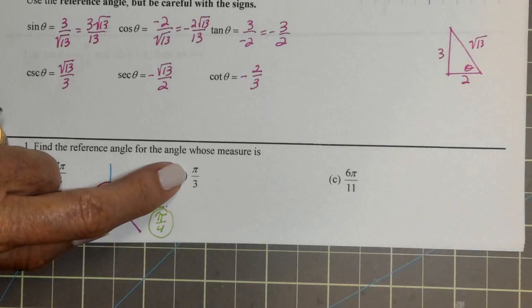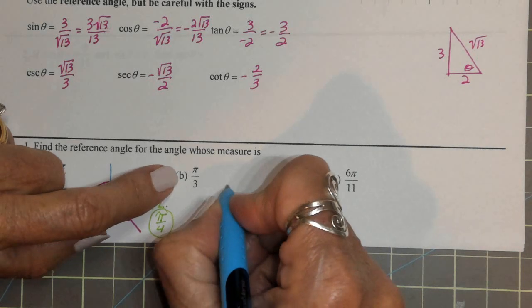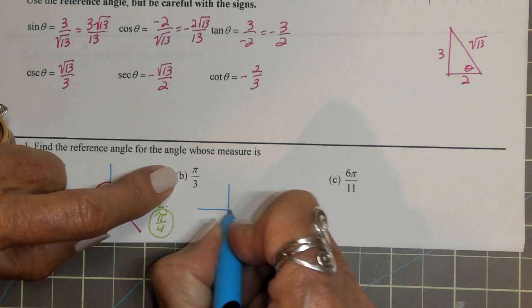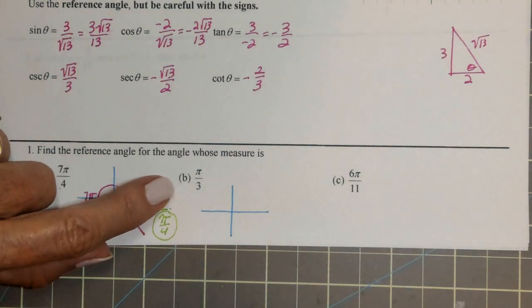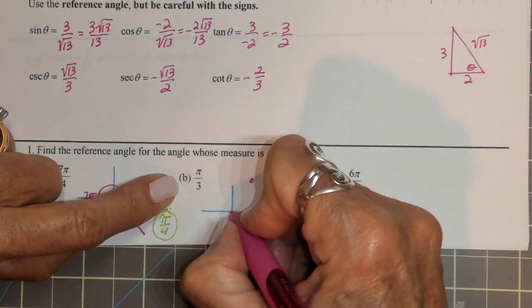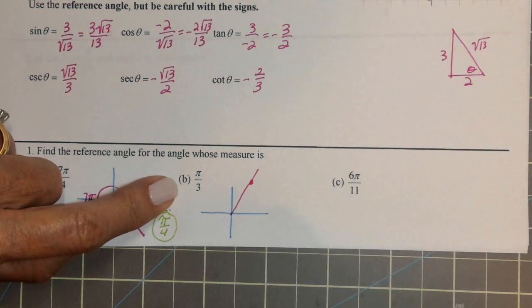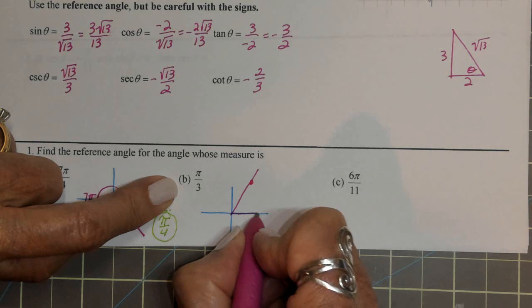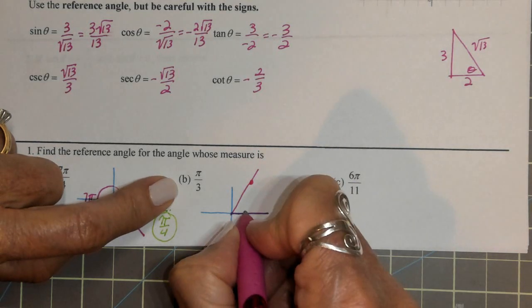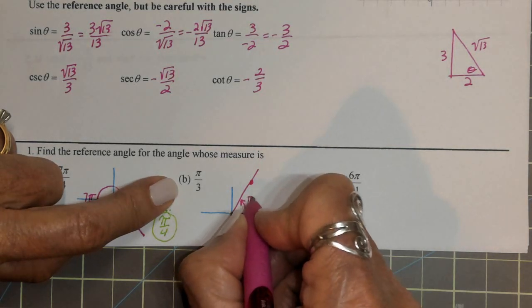Let's do it for pi over 3. Pi over 3 is in the first quadrant. There's the terminal side. Here's always the initial side. So there is pi over 3.